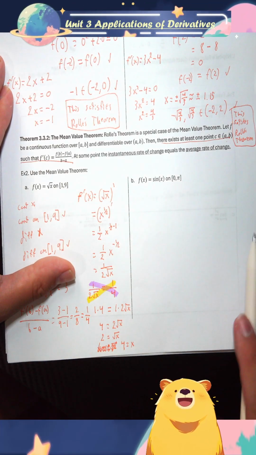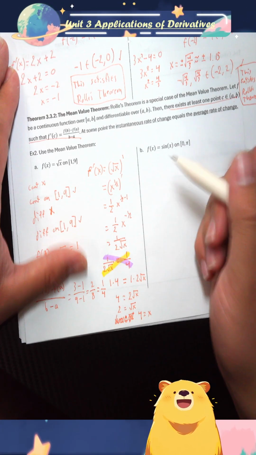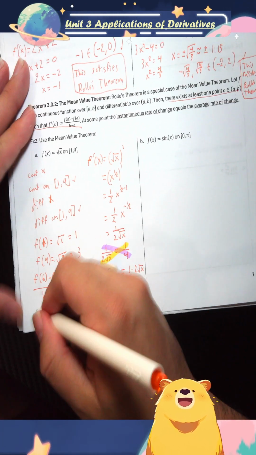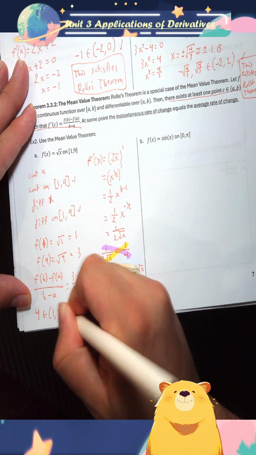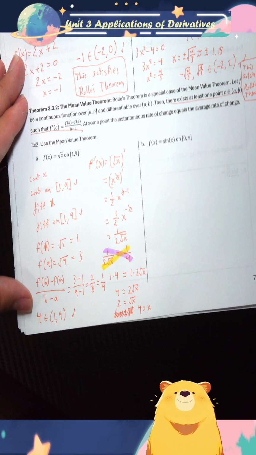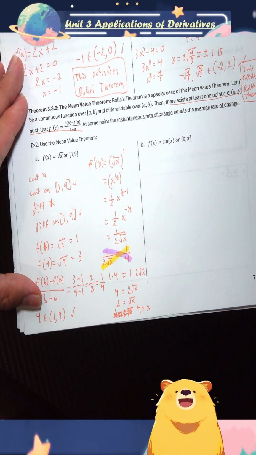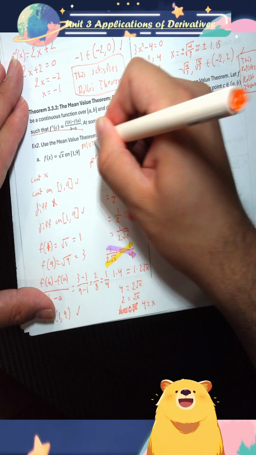So we need to double check if c is in between a and b. If our a and b are 1 and 9, and our c is 4, well, then we can definitely say that 4 is in between 1 and 9. And I've run out of space, but we can say that the mean value theorem works.